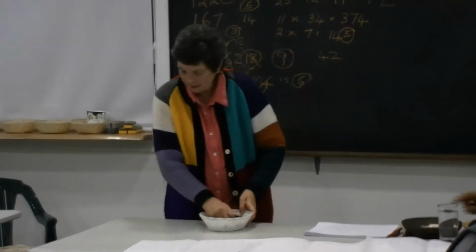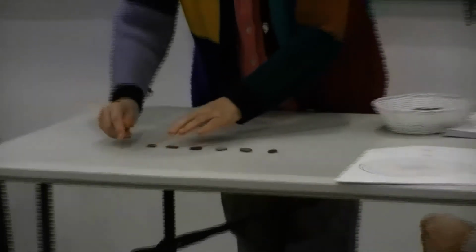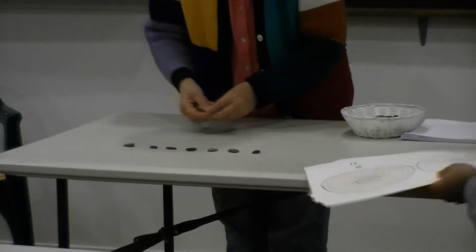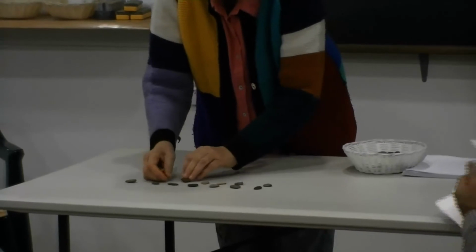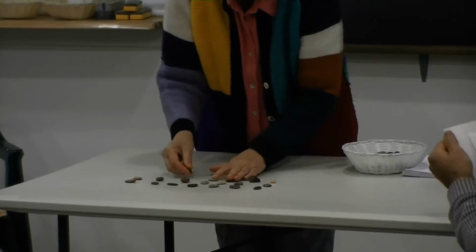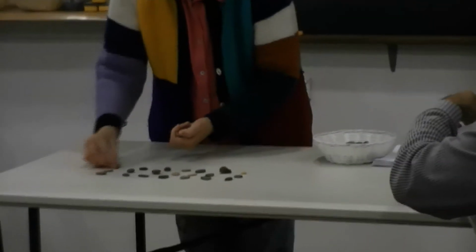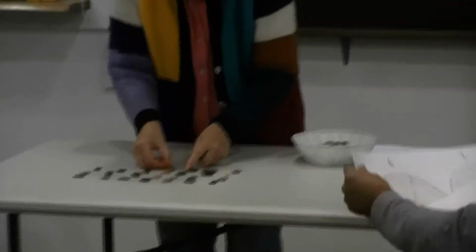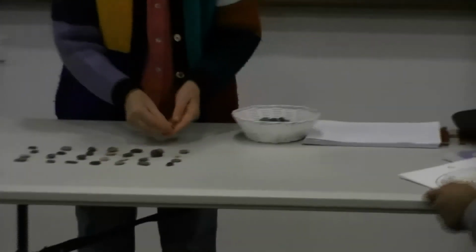Let's have a look. 8 times 7. 1, 2, 3, 4, 5, 6, 7. 2 groups of 7. 3 groups of 7. Stop me if you don't understand, please. 4 groups of 7.